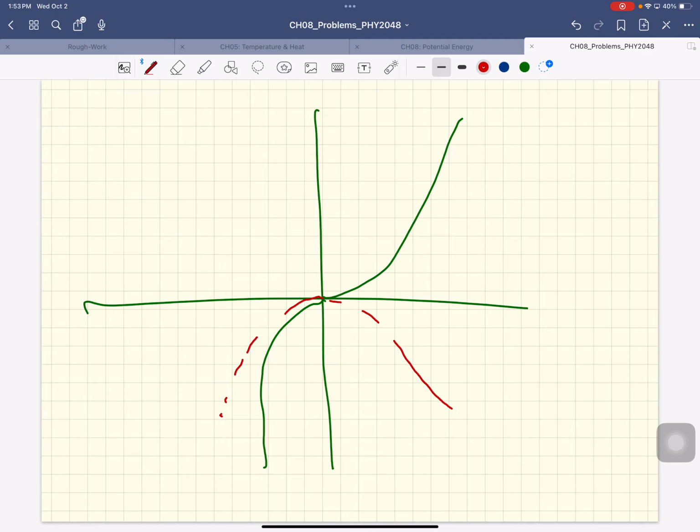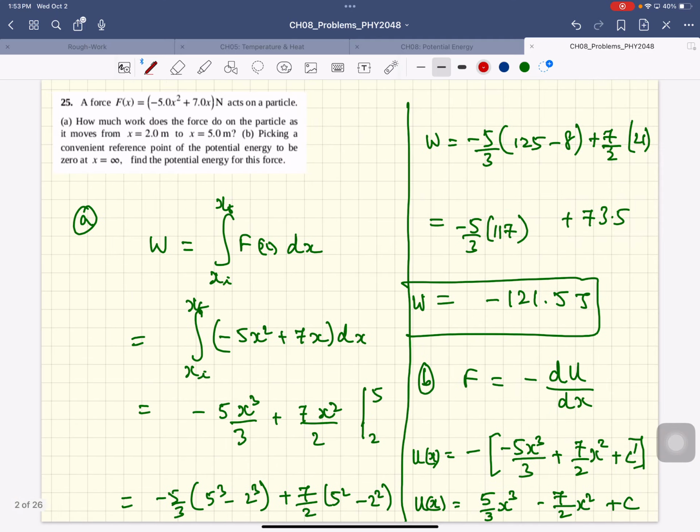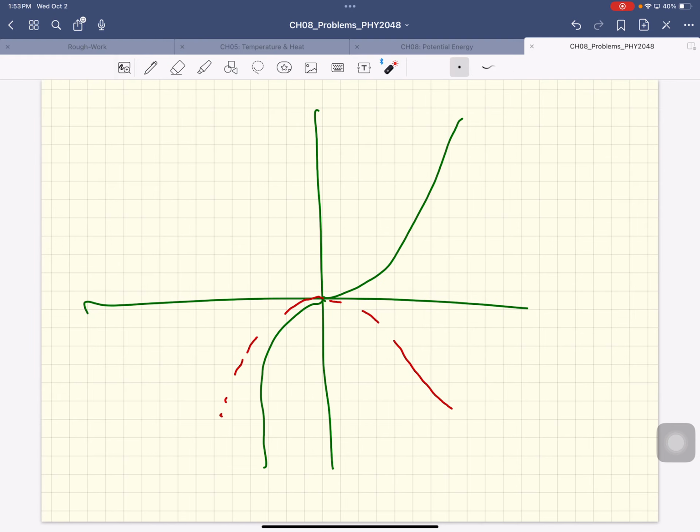So the net function will be like that, and it'll go to infinity for the negative axis. So it's sort of an unphysical potential energy function. It's an infinitely tall mountain to the right and an infinitely deep valley to the left.